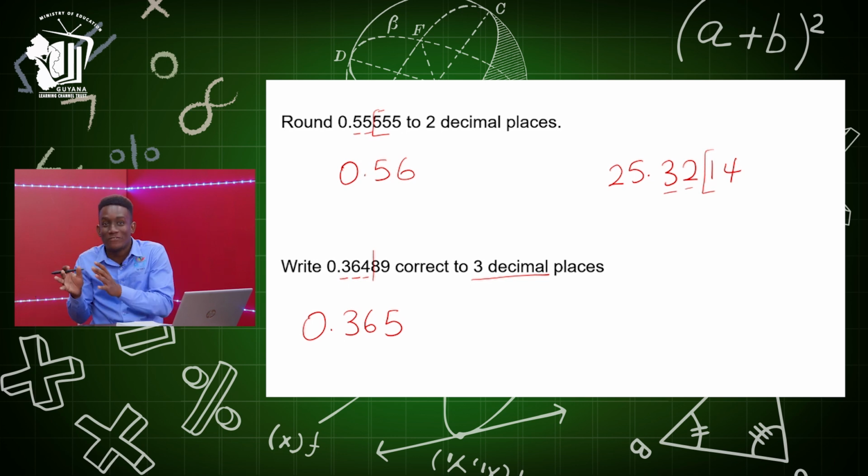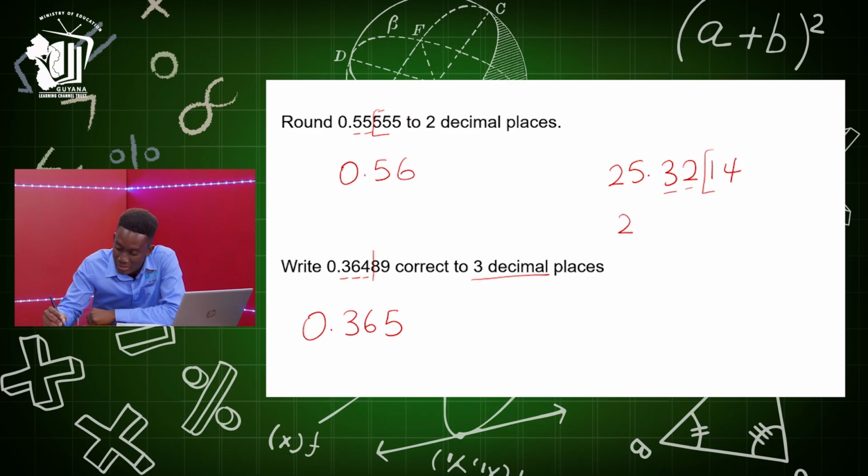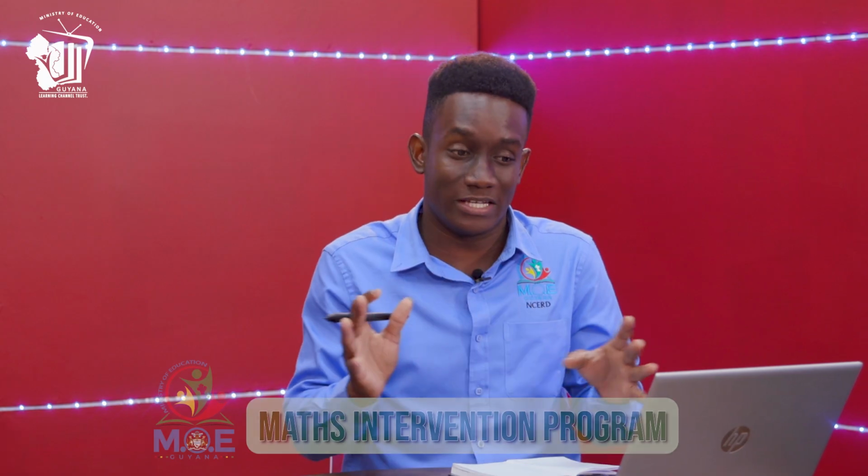Of course, this is not 5 or more, so we leave it as it is. So this would be 25.32. And that is it for decimal places. The important thing is, we start counting from the digit right of the decimal point, and then we look at the number after where we stop. If it's 5 or more, you add 1. If it's 4 or less, you leave it as it is.